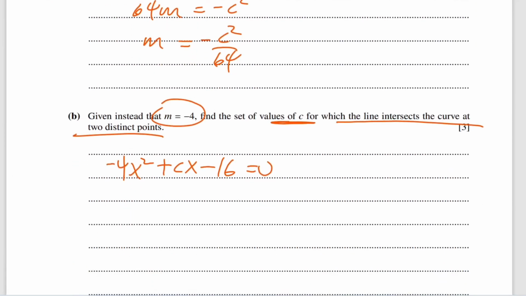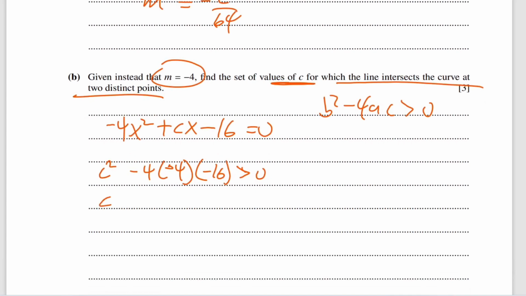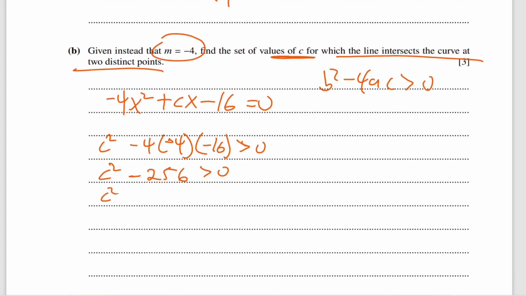Also remember that they said 2 distinct points, that means that the discriminant changes a little to this. So we have c squared minus 4 into a into c is greater than 0. So this will actually be c squared minus 256 greater than 0. 256 is 16 squared.